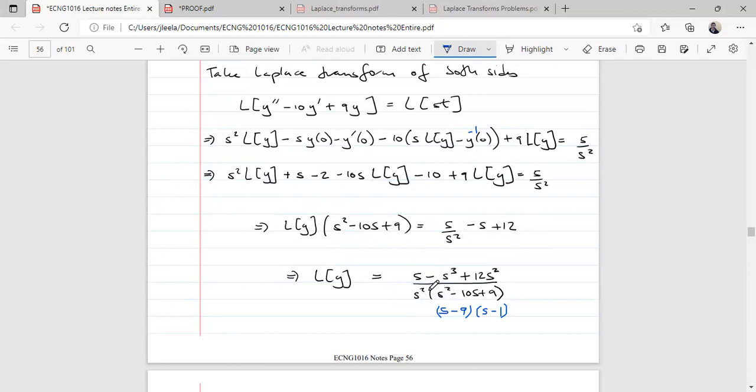So 5 over s squared multiplied by s squared minus 10s plus 9, right? And then to make this the LCM, you gotta multiply s squared. Right. So let me just put in an extra step here.